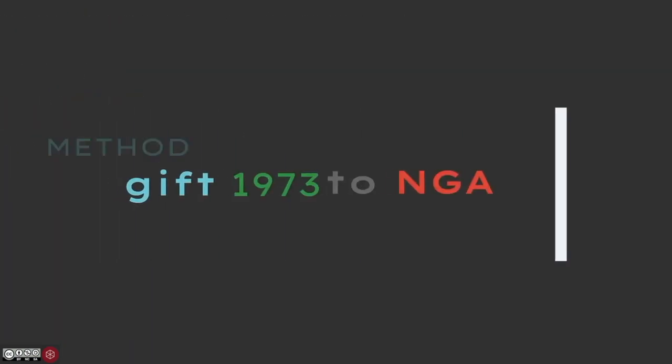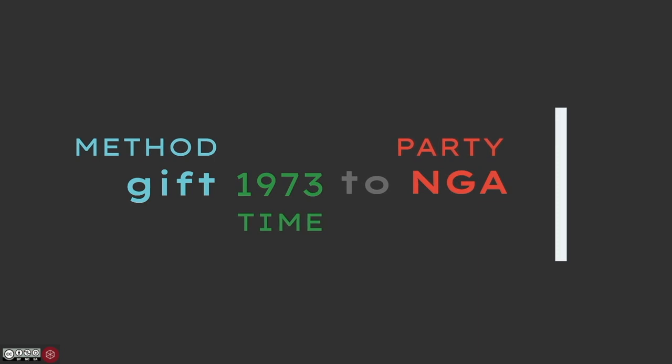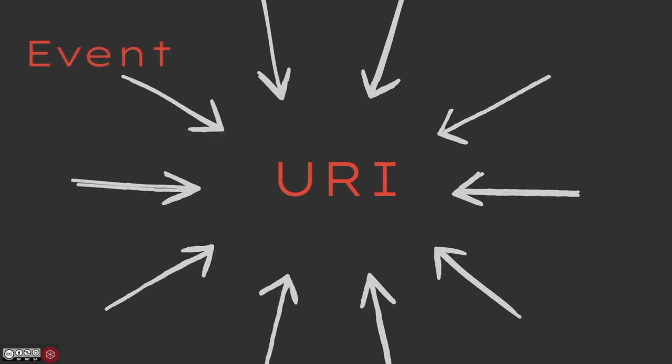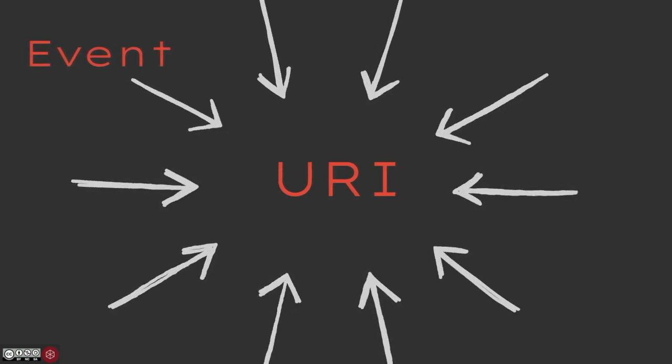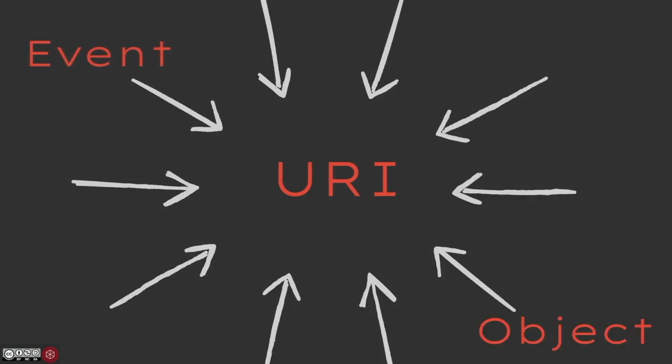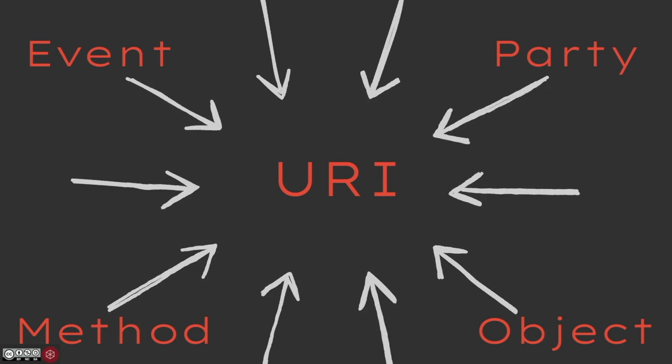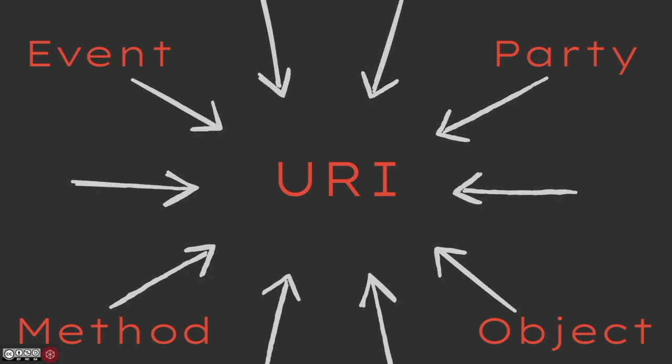Let's take our previous example from the provenance of Houses in Provence. Not only can we create a URI for the event itself, but we can also create identifiers for the object, here Houses in Provence, the party involved, here the NGA, and the method of transfer, here a gift.